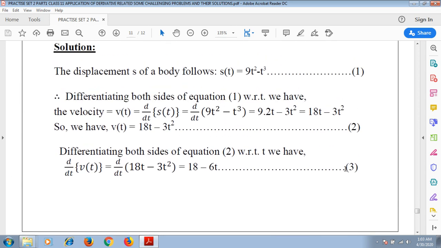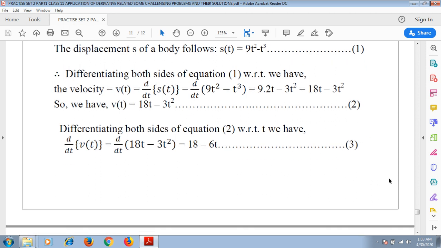Now again we are differentiating both sides of equation 2 with respect to t. So we are having d/dt of v(t) equals d/dt of 18t minus 3t square, and we get 18 minus 6t, and we have numbered it as equation 3.